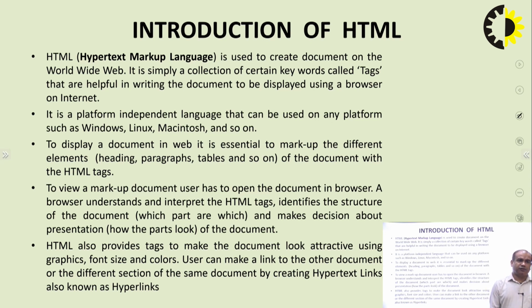It is a platform independent language that can be used on any platform such as Windows, Linux, Macintosh and so on. To display a document on the web, it is essential to mark up the different elements of the document, like headings, paragraphs, tables, forms and so on, with the HTML tag.